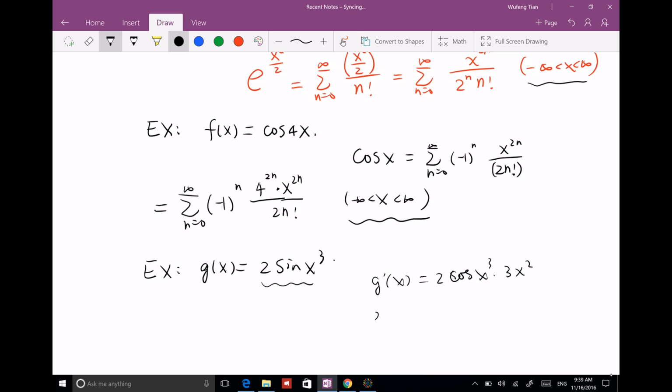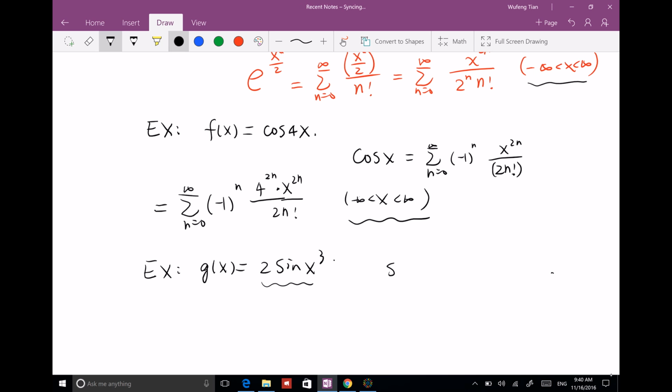Well, the first derivative is not bad. For the second derivative, you use the product rule: derivative of this times this, plus this times derivative of this. The third derivative is more complicated. So you will not want to take derivatives of complicated functions. So we are going to just apply the formulas for the simple functions.